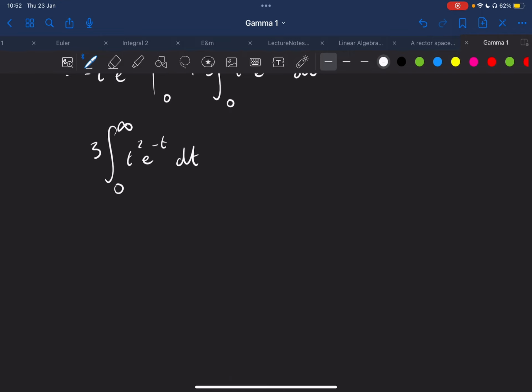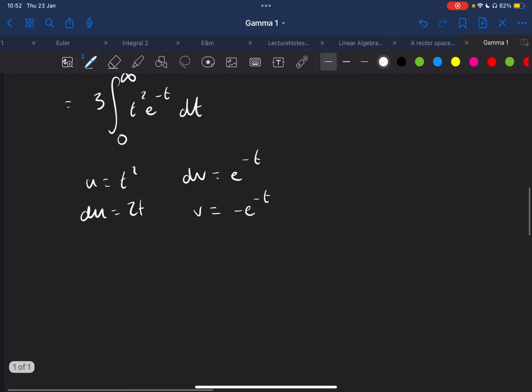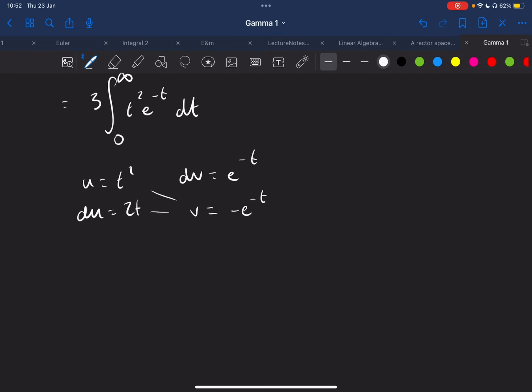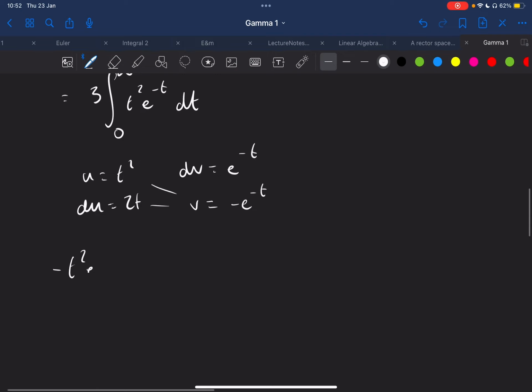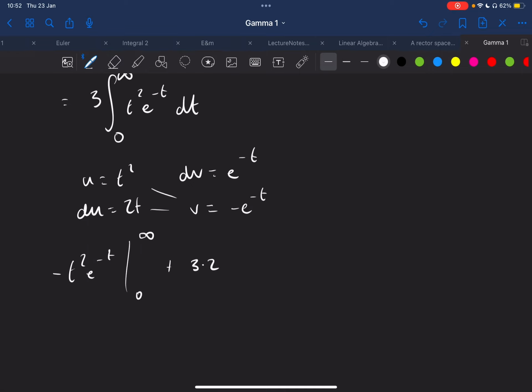So we're going to go u is equal to t squared, du is 2t, dv is e to the minus t, v is equal to minus e to the minus t. So again, uv minus the integral of v du, and it's going to be minus t squared e to the minus t, between infinity and 0, plus this time 3 times 2.